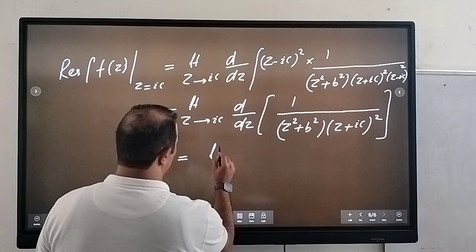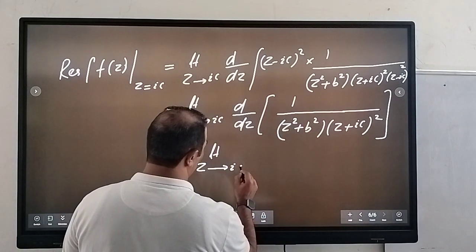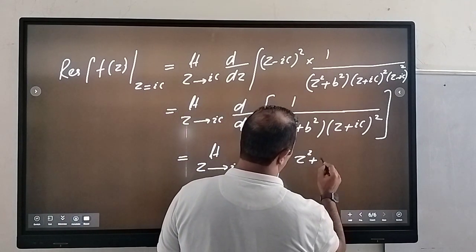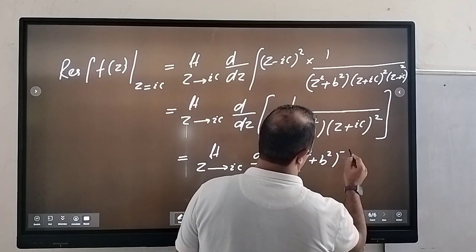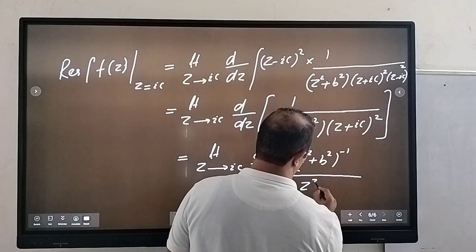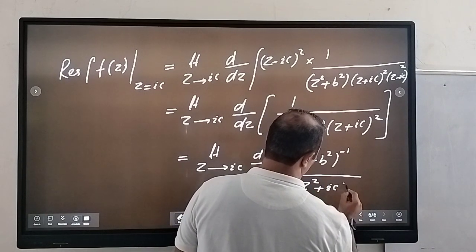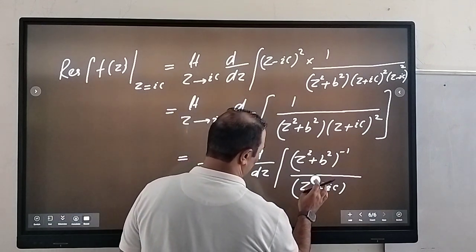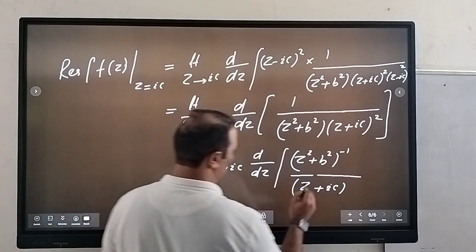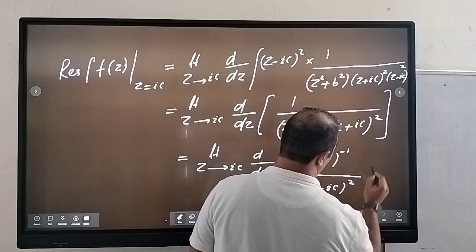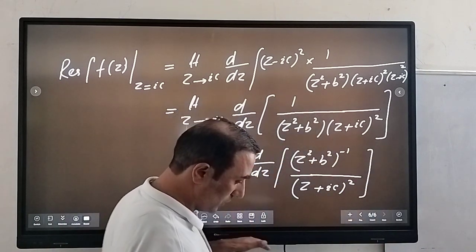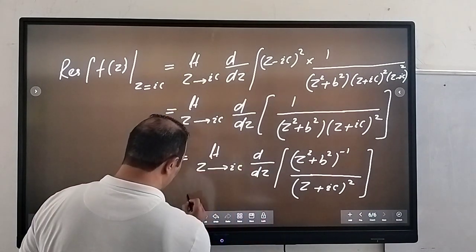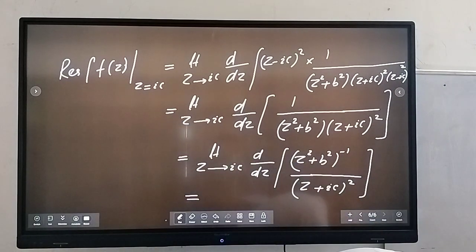So instead of that, you can write that limit z tends to iota c, so I can write z square plus b square raised to power minus 1 upon z square plus, right? Now you differentiate this. So after differentiating and then putting limit z tends to iota c, right? So I can write directly the result. So what I am getting here, rest of that.